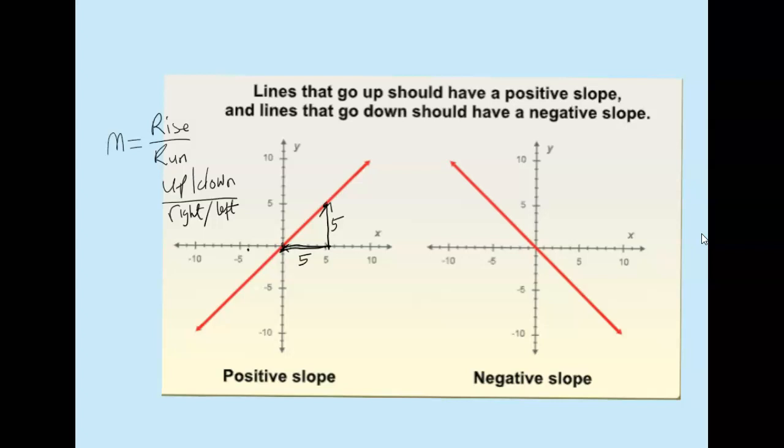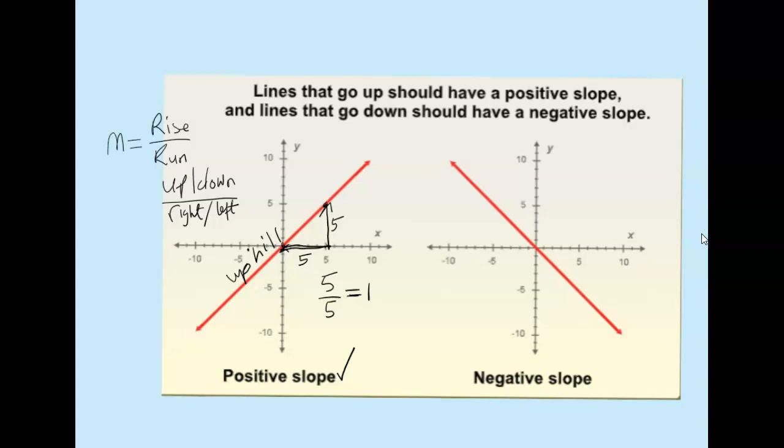If we divide the rise over run, we get 5 over 5, and that gives us 1, a positive 1. So here the slope is 1 and it's a positive slope. So anytime you are going up the hill, you are experiencing a positive slope.